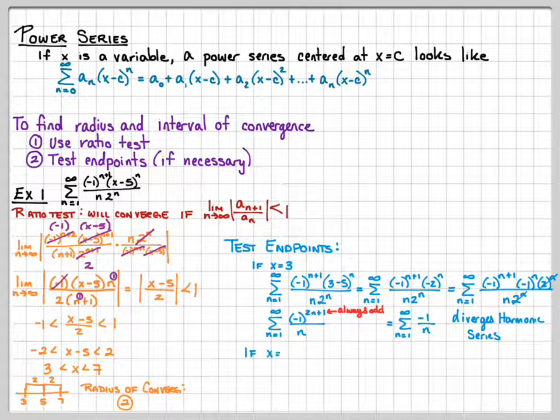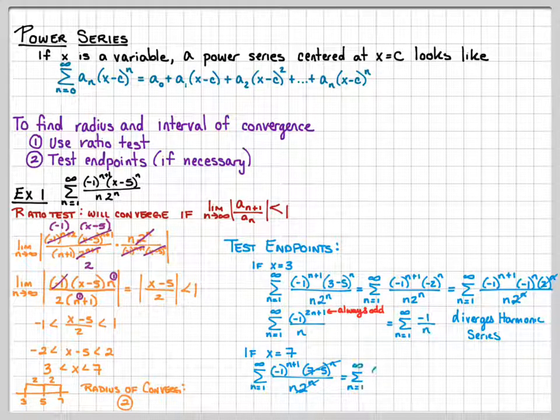Now, if x equals 7, the sum from 1 to infinity of negative 1 to the n plus 1 with a 7 plugged in for x, (7 minus 5) to the n over n times 2 to the n, those cancel. So you have negative 1 to the n plus 1 all over n. This one does alternate, it does decrease in magnitude, and the limit equals 0.